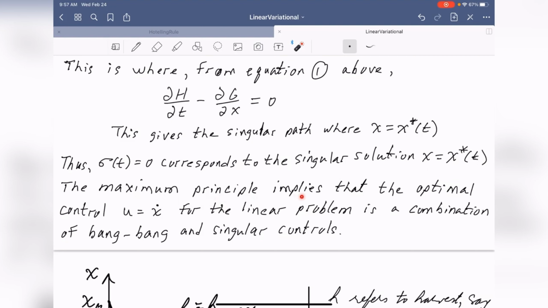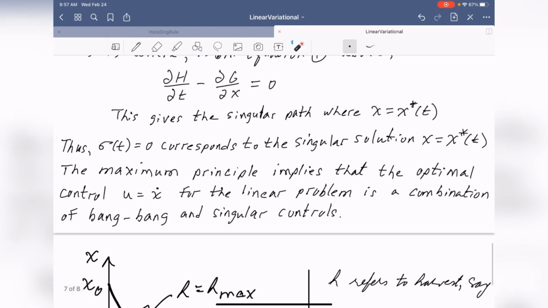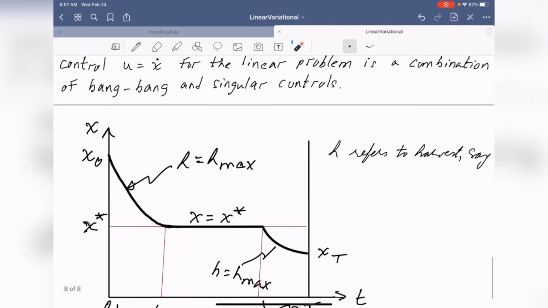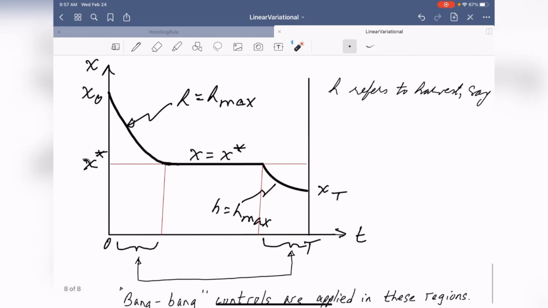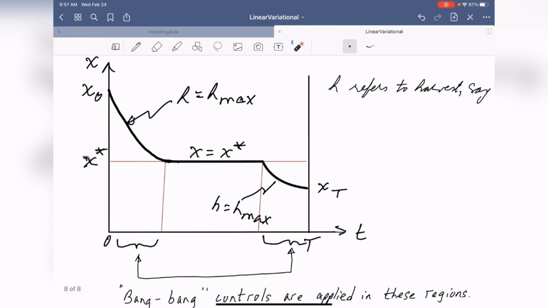So the maximum principle now implies that the optimal control, u equals x dot, for the linear problem is a combination of bang-bang and singular controls. So we can see that best in this diagram, where we have an optimal x star occurring here. So that's what we'd want to follow, but because the initial value of x does not equal x star, but is x0, we then follow this line here where h is at its maximum.